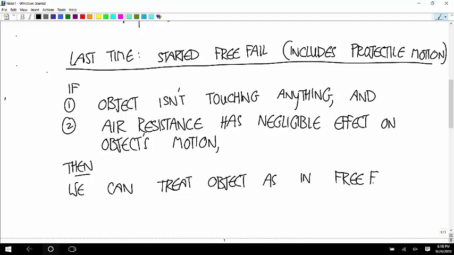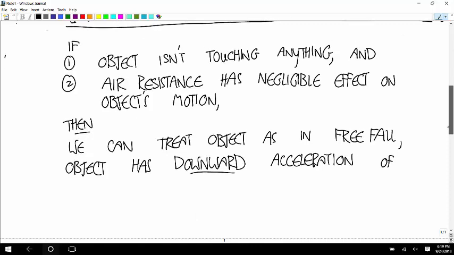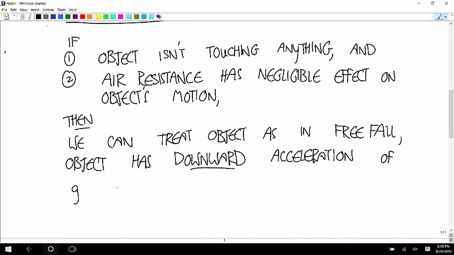And when that's the case, the object has a downward acceleration of g, lowercase g, and that's equal to 9.81 meters per second squared.